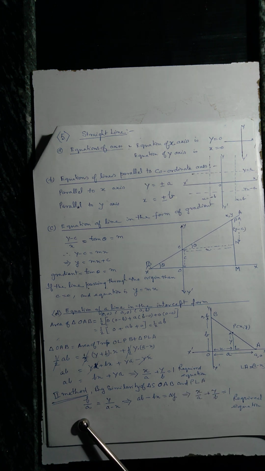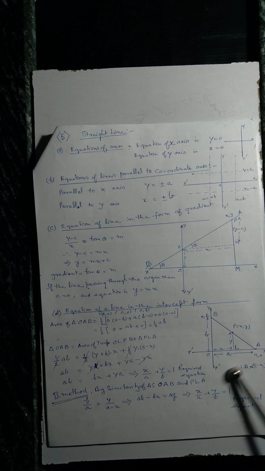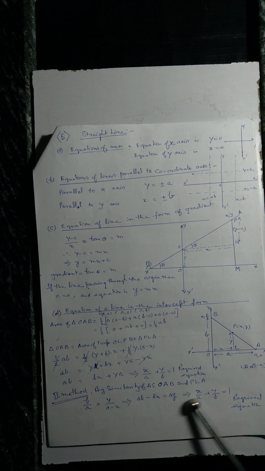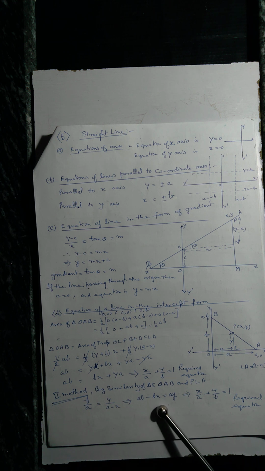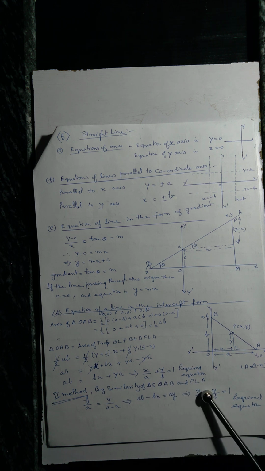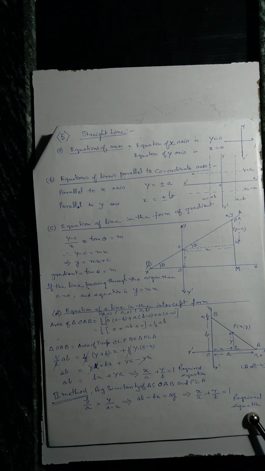So b upon a will be equal to y upon (a minus x). You see this is a minus x from LA. I have written here LA is equal to a minus x. Now just by cross multiplying, you will get ab minus bx is equal to ay, that will be equal to x upon a plus y upon b is equal to 1, the required equation.